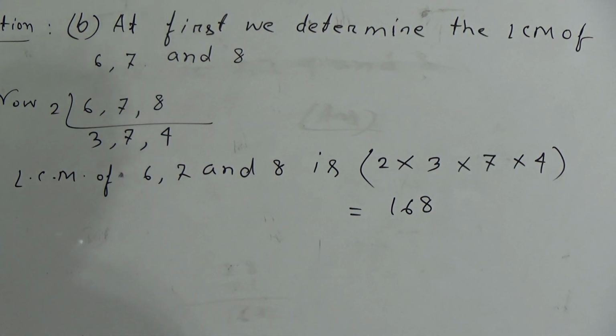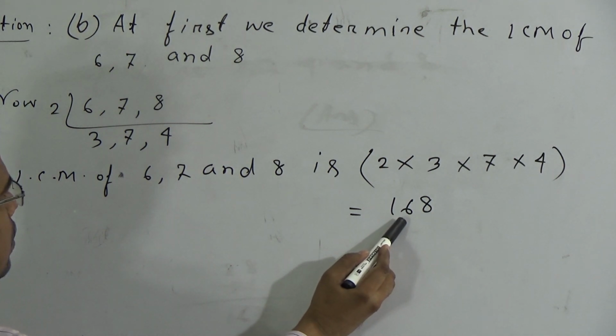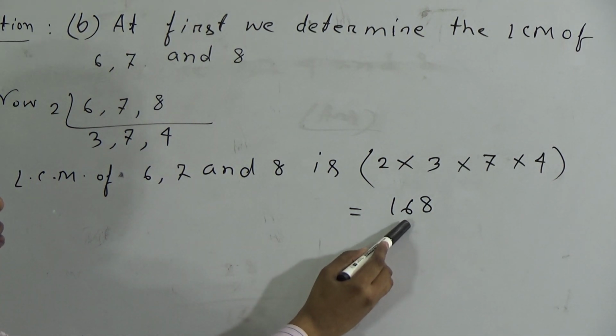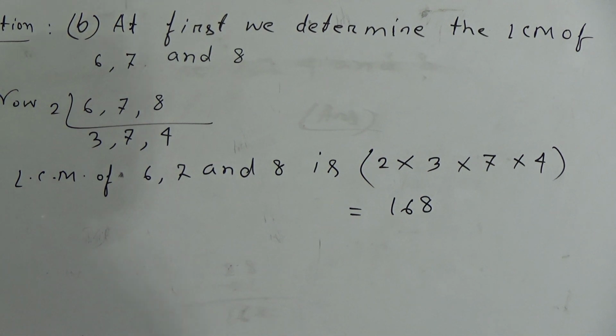We can see 168 is divisible by 6, also divisible by 7, and also divisible by 8. So we can consider the number of soldiers in the troops is 168.